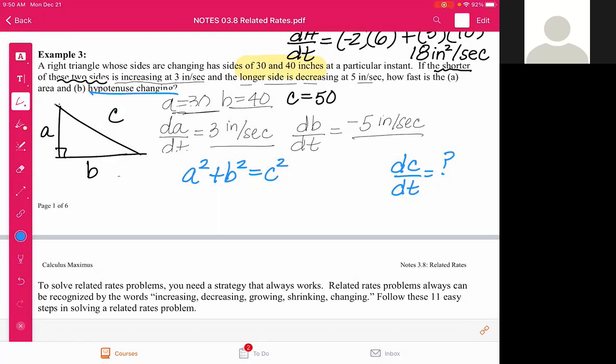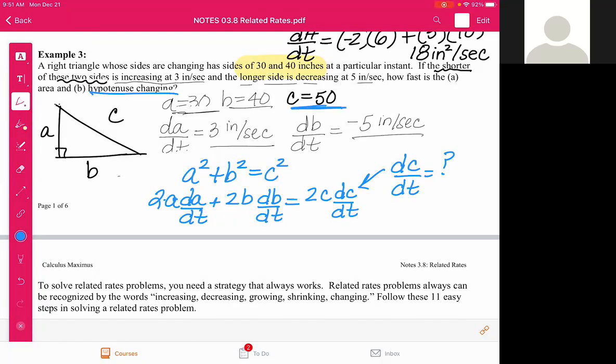So this will be 2a dA dt plus 2b, bring the 2 out in the front, b dB dt, equals, take the derivative of the other side of the equation too, 2c dC dt. There you go. That's what we're looking for, dC dt. Everything else we have information for. We can plug in all the numbers for everything else, including C. We figured out C at the very beginning.